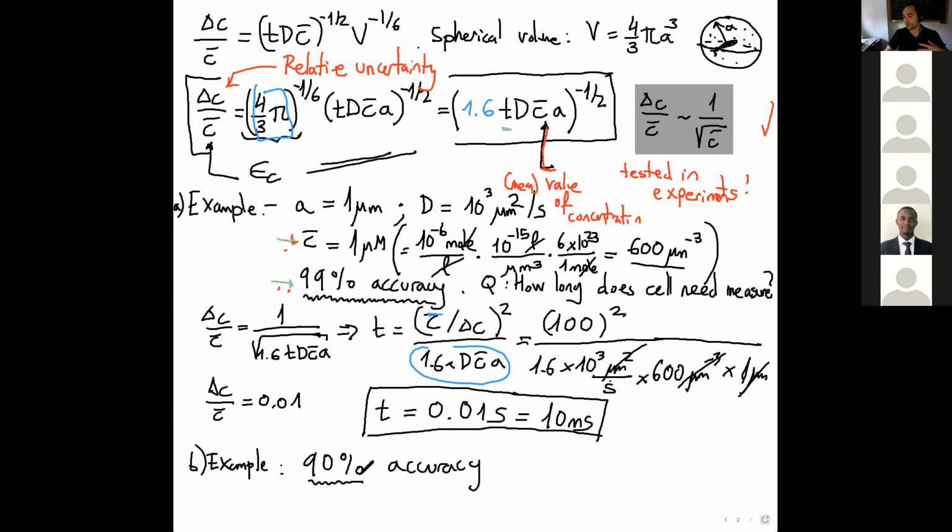If you want to be more accurate about a phenomenon in physics or in biology, you will need more information, no? About a physical process, right? So you will need more time. You need to measure more in a system if you want to be more accurate. If I go this way, I will need to measure for a longer time.